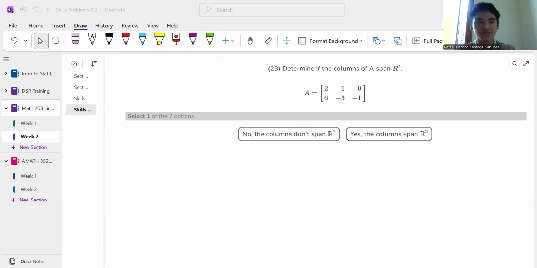Yeah, it messed up the positioning of the numbers. I wouldn't be surprised. It's AI.